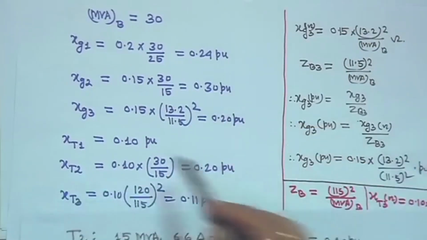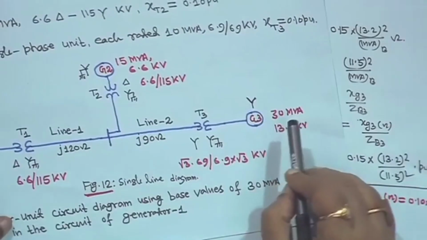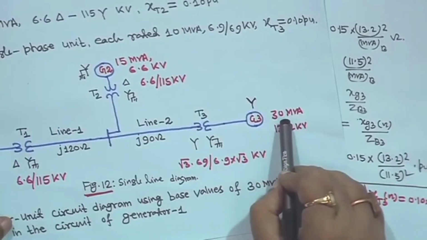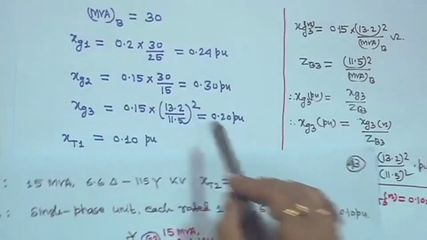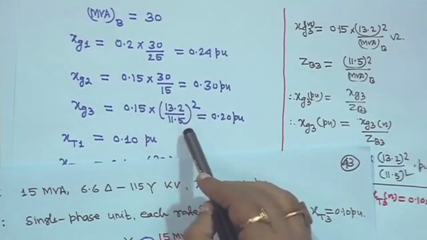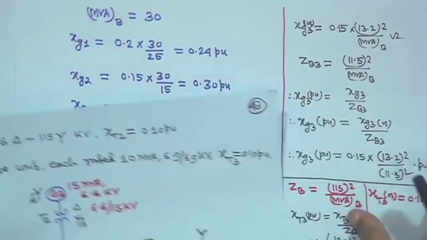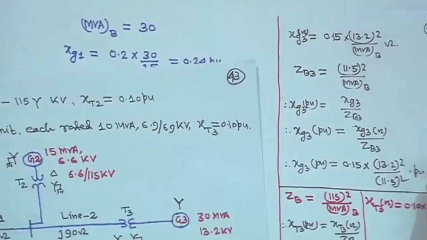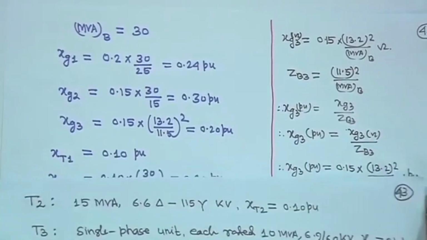Now, in the case of generator 3, the base MVA is 30 and this is also 30. So the ratio 30 by 30 will cancel, but it will become 0.15 into (13.2 upon 11.5) whole square, which is equal to 0.2 per unit. The idea is, if you have any confusion, it will be something like this, right.